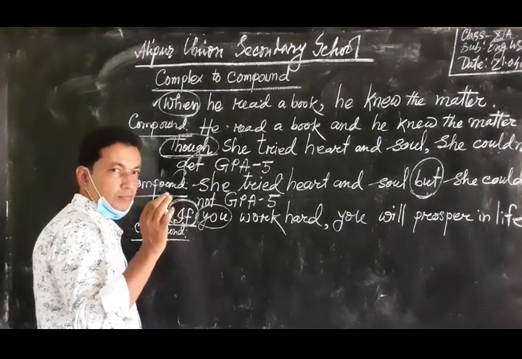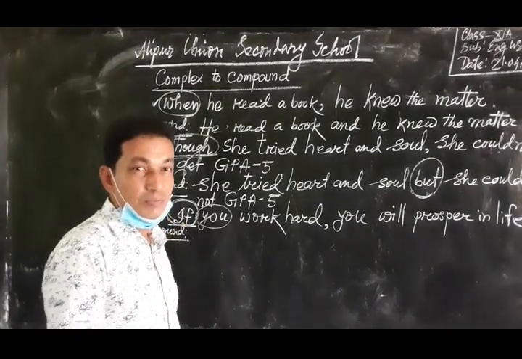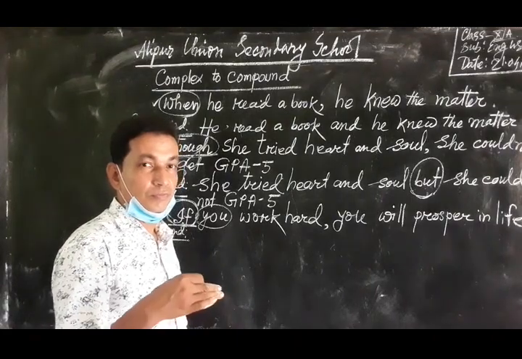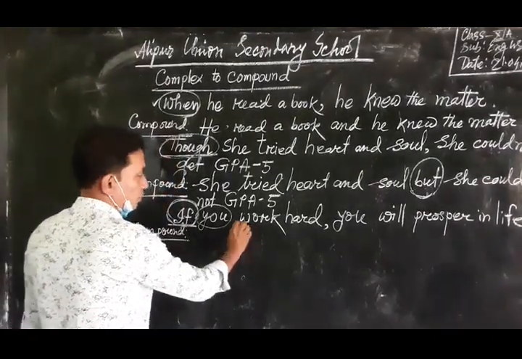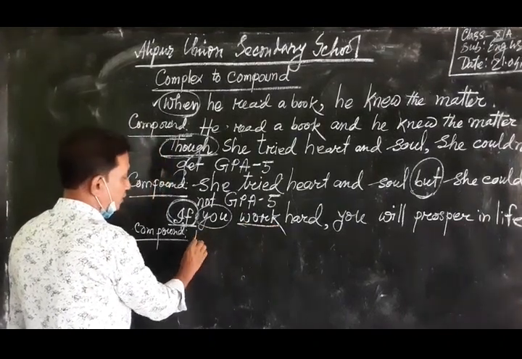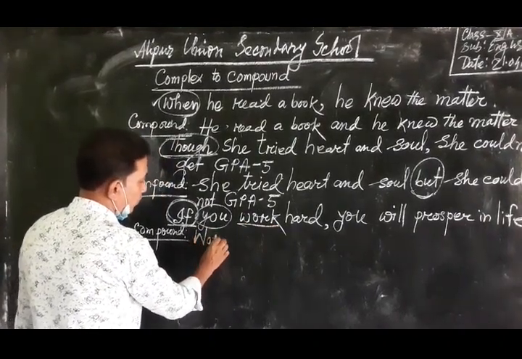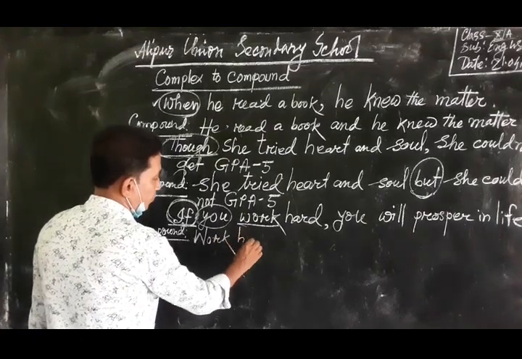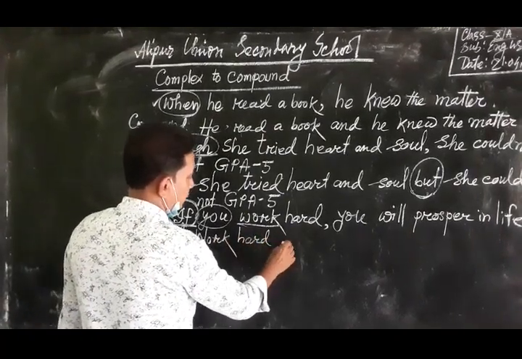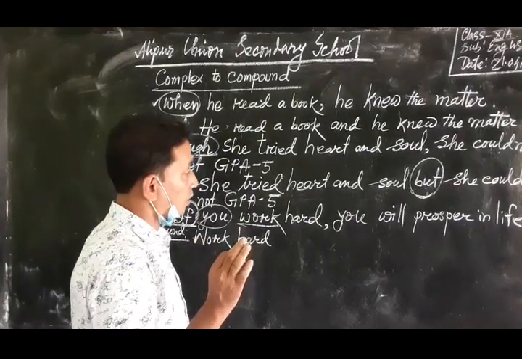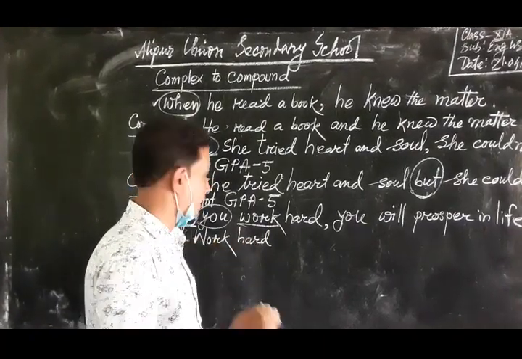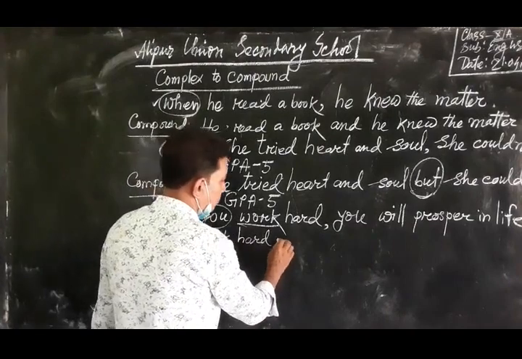Otherwise the sentence will be started with main verb. Okay, dear learner, main verb what? So I may write here work hard, and you should add the conjunction and in the middle of the sentence.